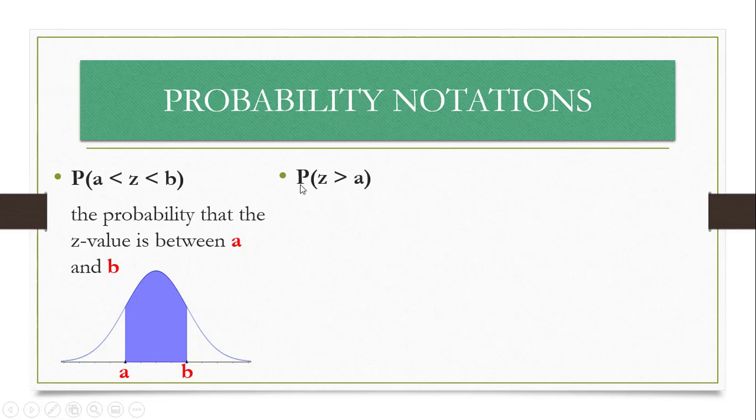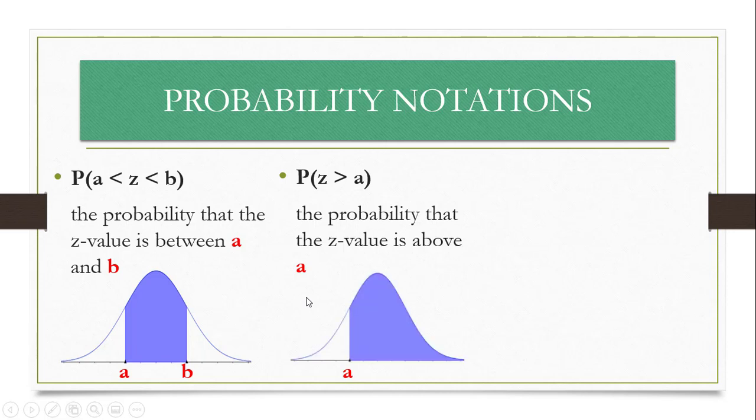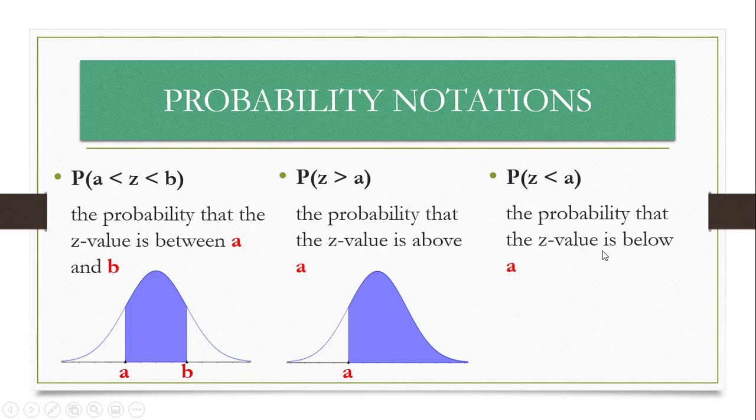It is read as the probability that Z is greater than A, which means the probability that the Z value is above A. It would look like this: suppose we have a specific value of Z equal to A, and the area above it is greater than Z equals A. We also have the probability that Z is less than A, which means the Z value is below A. From this point, Z equals A, we are looking for the area below it.